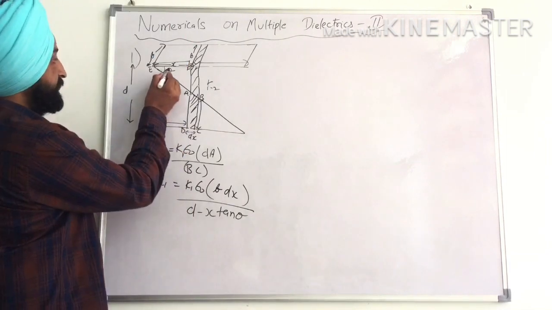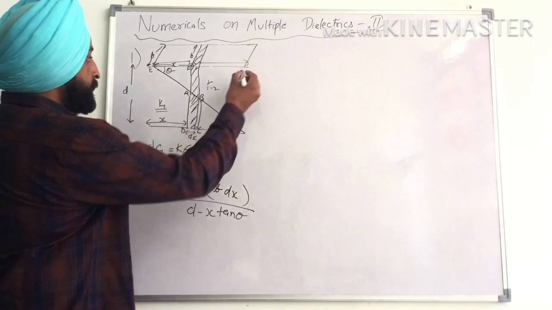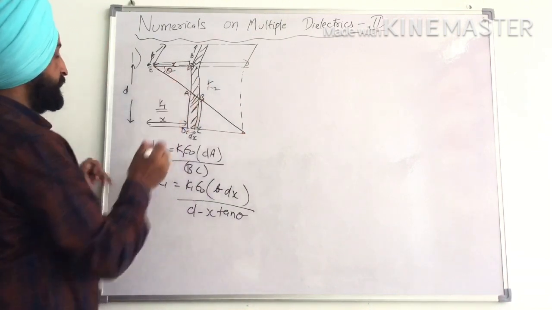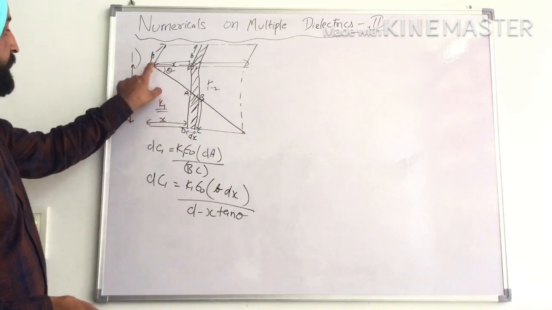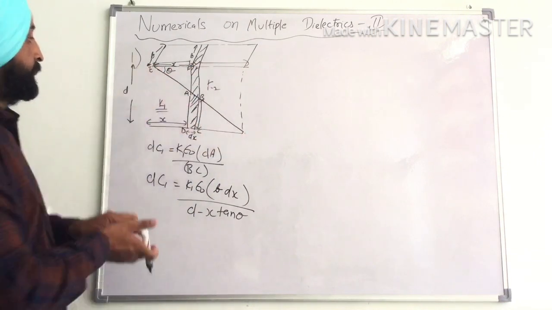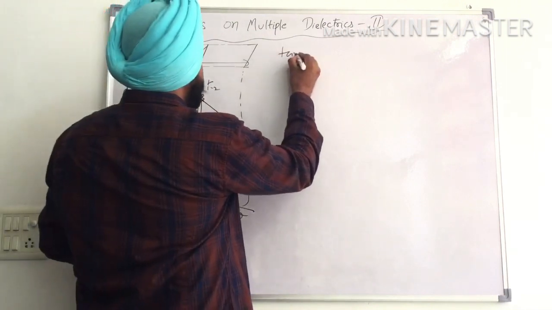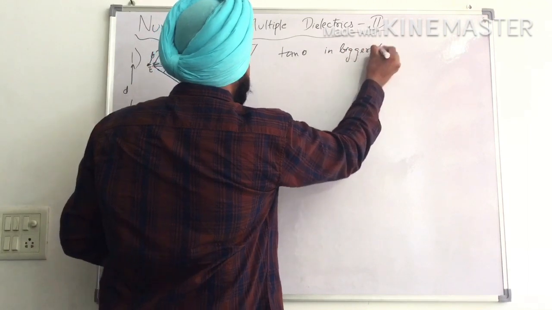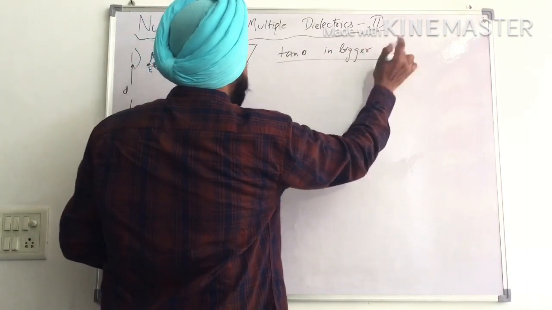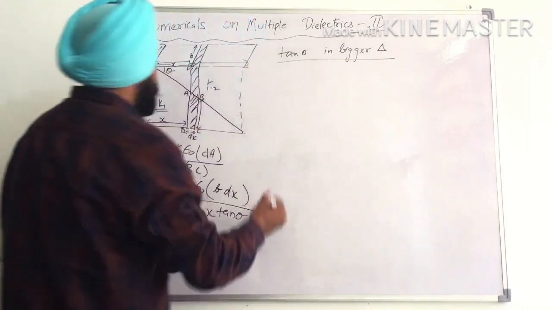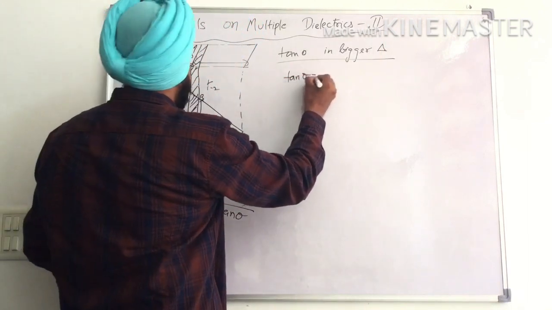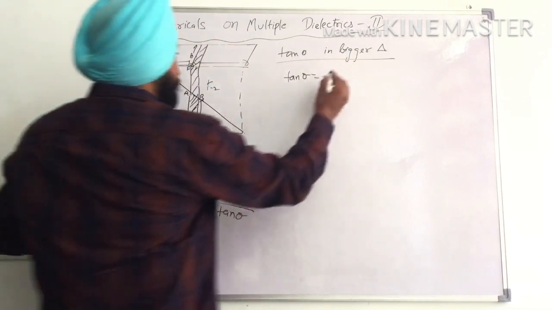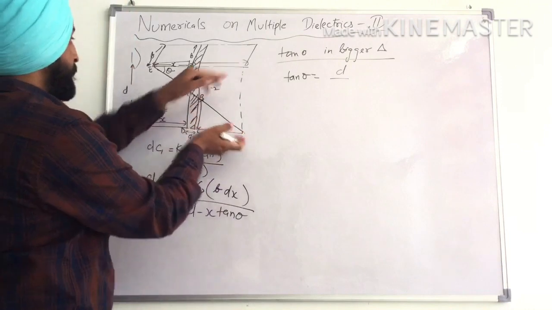See, if we are taking this angle as theta, even if we calculate tan theta in this bigger triangle, what would it be? This would be tan theta is equal to this perpendicular, which is D, divided by base.